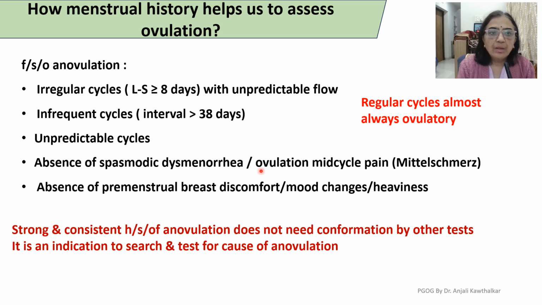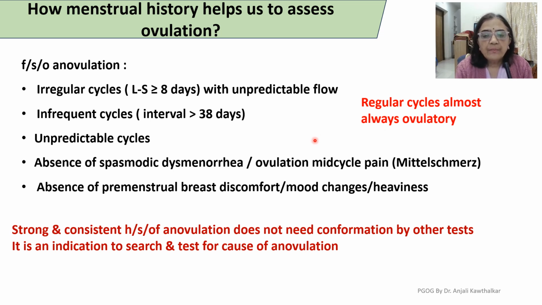That means a strong, consistent menstrual history is itself sufficient to consider the woman as having anovulatory infertility. In that case, the next step recommended is to start evaluating the woman to look for the cause of anovulation, rather than doing investigations to confirm our diagnosis. A strong menstrual history being sufficient for diagnosis of anovulation is given even in the guidelines.